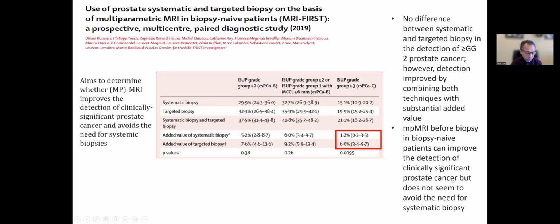So these days, in the majority of prostate biopsies, you are going to see 2 components: targeted biopsy, and in addition, systemic extended biopsies, the way that we used to receive before the introduction of multiparametric MRI.